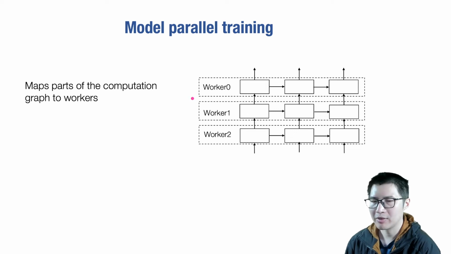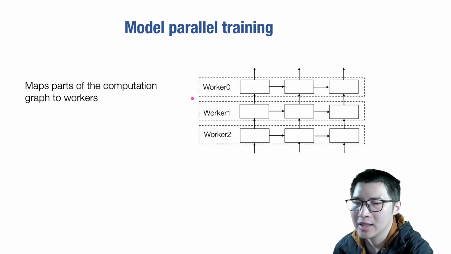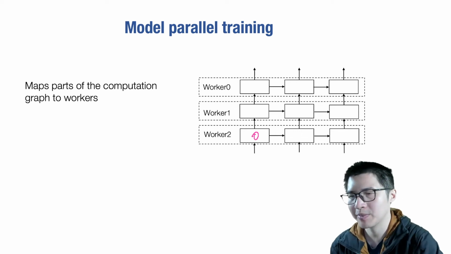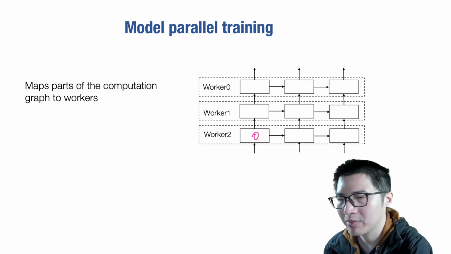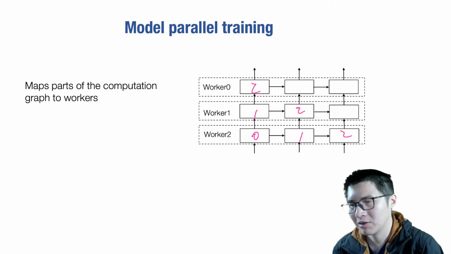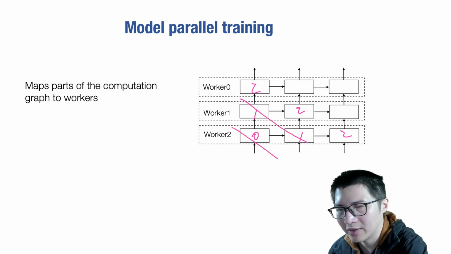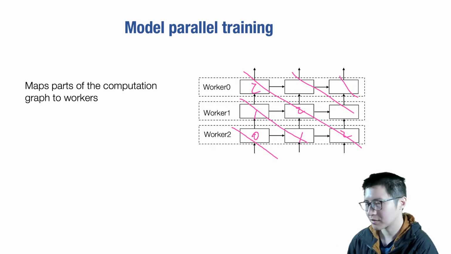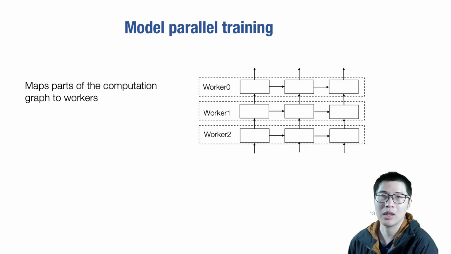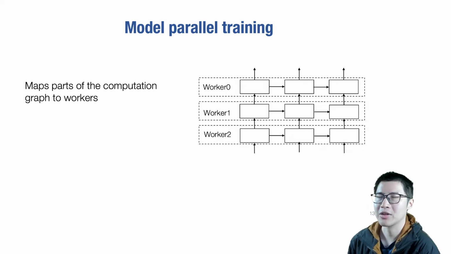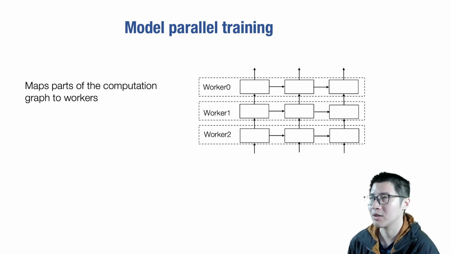One interesting thing about this computation is that as soon as I finish this particular computation, I will be able to run this follow-up computation immediately. So you can find that my parallelization happens in this wavefront fashion. Of course, in model parallel training it's not always possible, but if you have such opportunities, you should be able to leverage them.